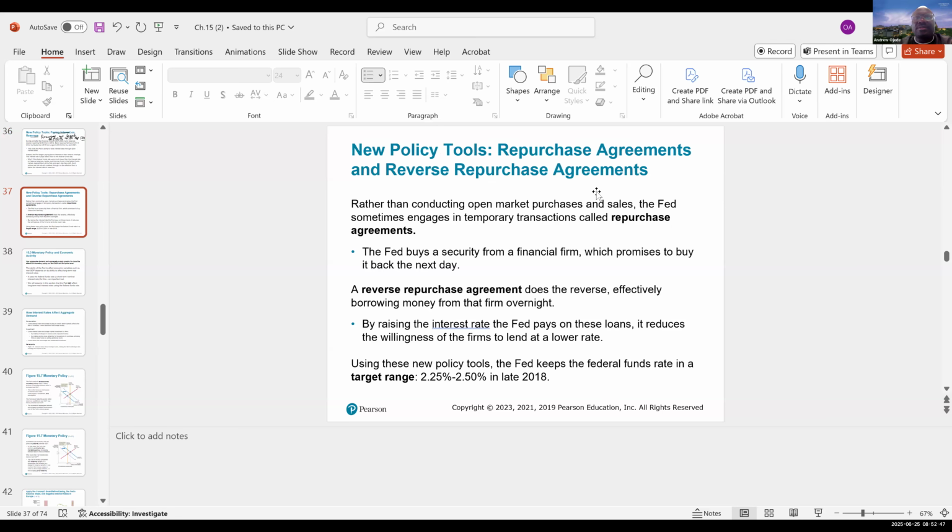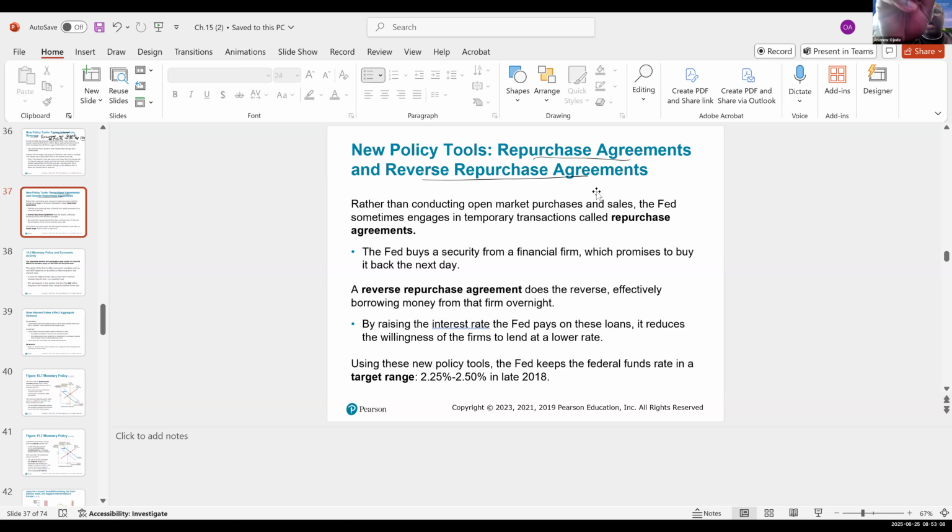And then the Fed also started what we call repurchase agreements and reverse repurchase agreements. With repurchase agreements, the Federal Reserve sometimes engages in a temporary transaction. The Fed can enter an agreement with a financial institution like Bank of America.